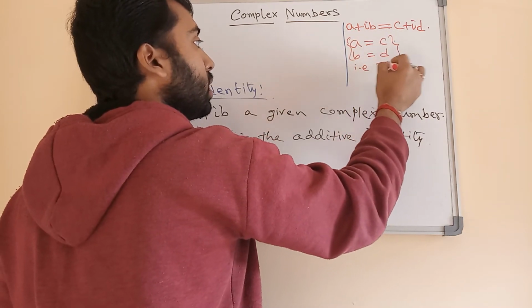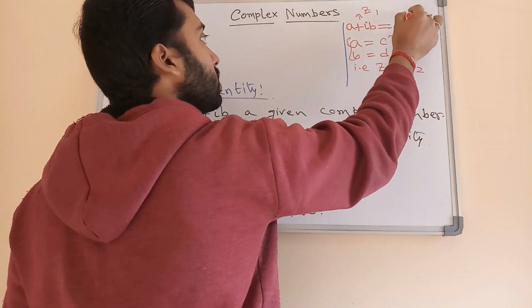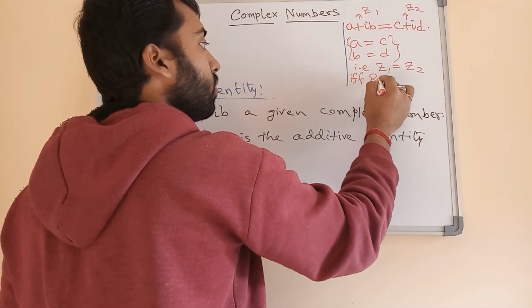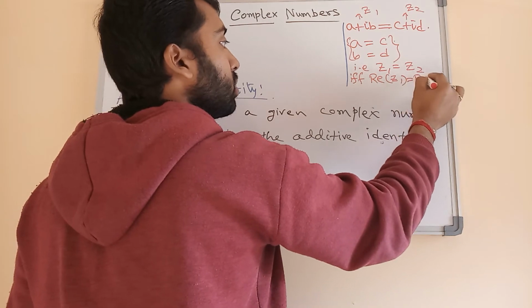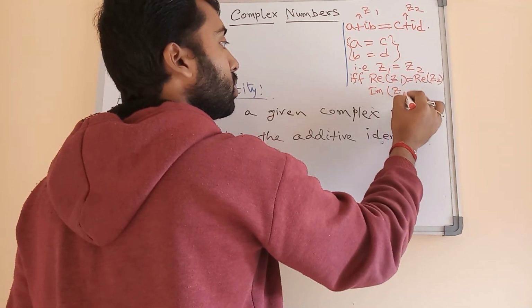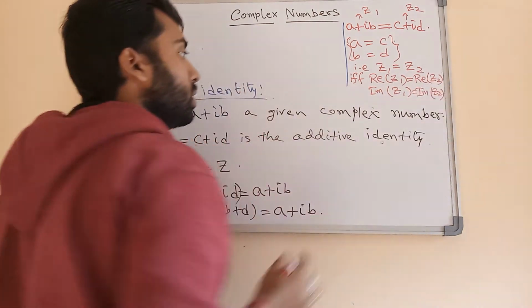That is, z1 equals z2 if and only if real part of z1 equals real part of z2, and imaginary part of z1 equals imaginary part of z2.